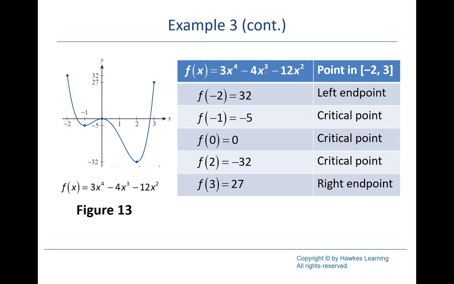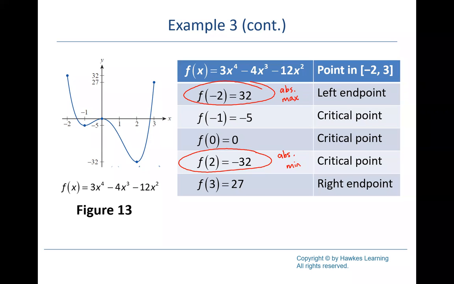All that remains is to go through and pick the biggest and pick the smallest. Well, 32 is the biggest output. -32 is the smallest. So this would be our absolute max, and this would be our absolute min.